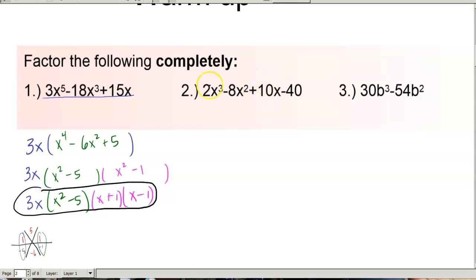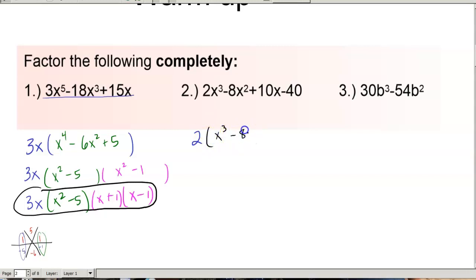Number 2, looking at it, first thing we always do in factoring is thinking about a common factor. So I'm looking at this whole thing and saying you definitely can divide out a 2 from this. So I'm going to take out a 2 and rewrite the problem, because we can do that.